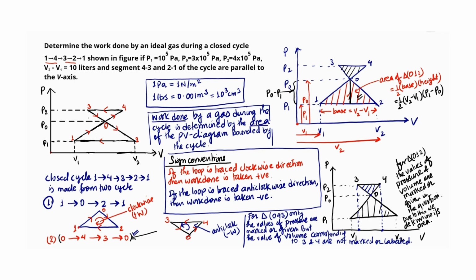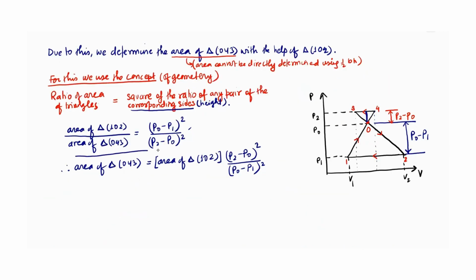Now we are going to determine work done during this cycle and work done during this cycle. What we know is that work done during this cycle is negative, since this loop or path is traced in anti-clockwise direction, and work done during this cycle is positive since it is traveled in clockwise direction.